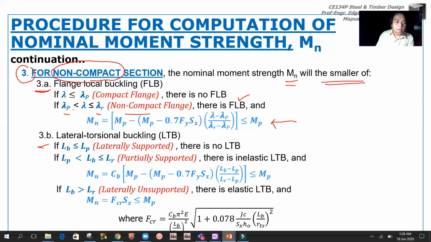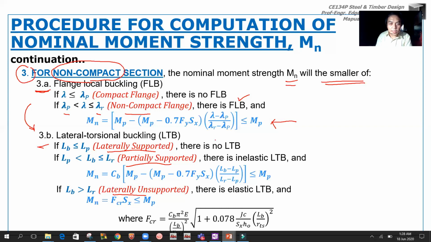Tapos, kung hindi ka man masatisfied dun sa 3A, doon ka pupunta sa 3B naman. Yung 3B naman is for lateral torsional buckling. So, i-check mo yung lateral support condition niya. I-check mo kung laterally supported ba yung beam mo, partially supported, o kaya laterally unsupported.